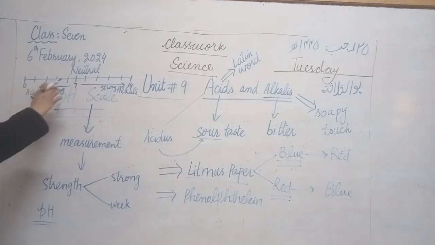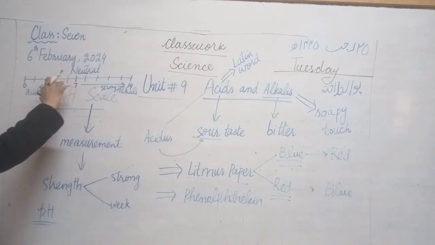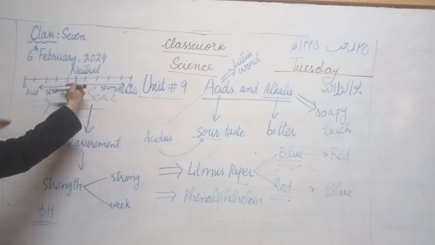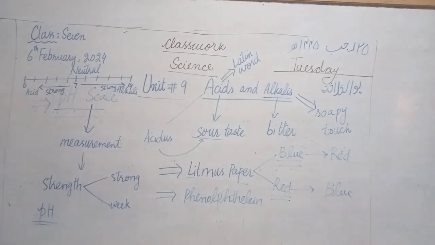Okay, when the value decreases from 7 to near 0, then we say that our solution is strongly acidic.